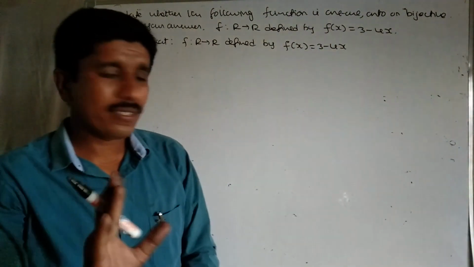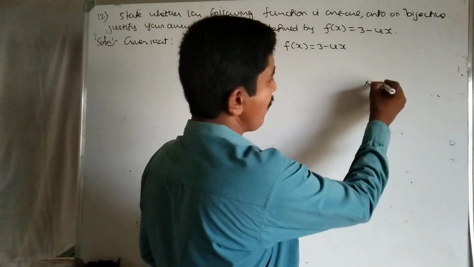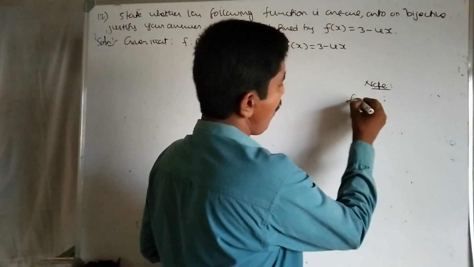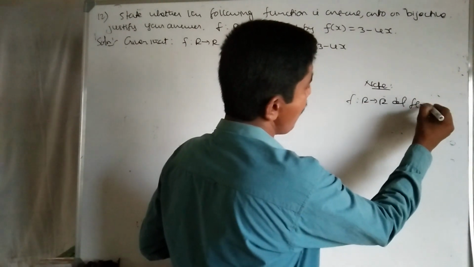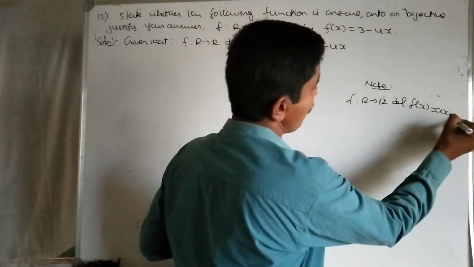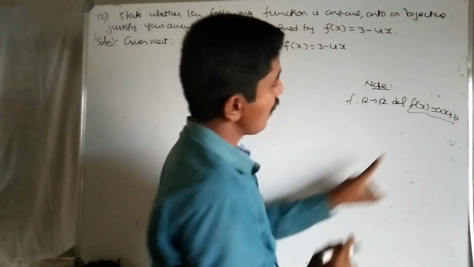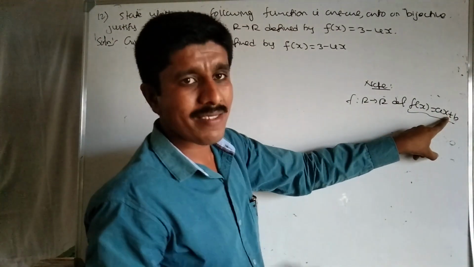One thing to point out, very important. Here f from R to R defined by f of x equal to ax plus b means linear function.